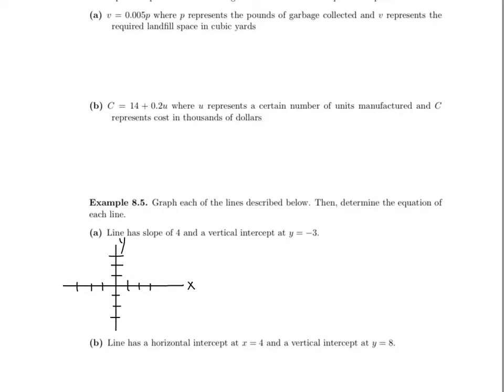Okay, now for this line you're told that the vertical intercept is -3. That means the graph crosses the vertical axis at -3. It has a slope of 4.